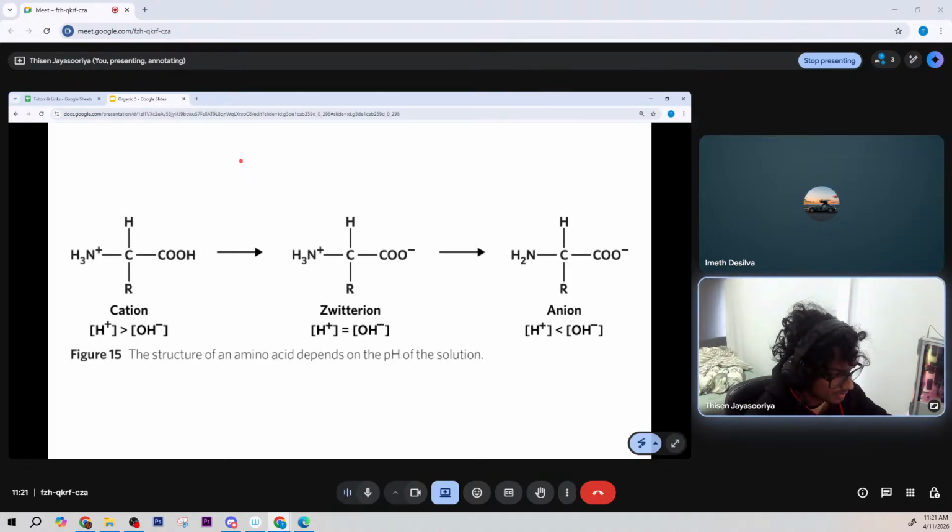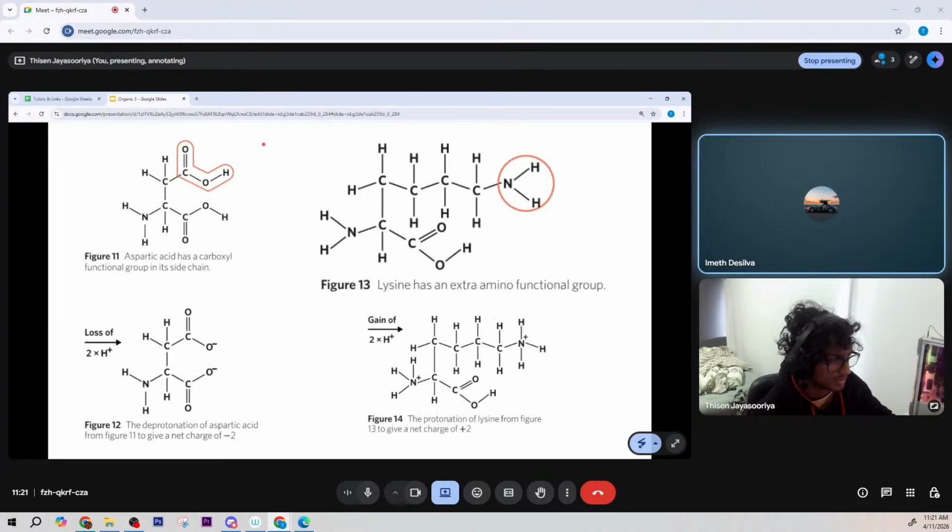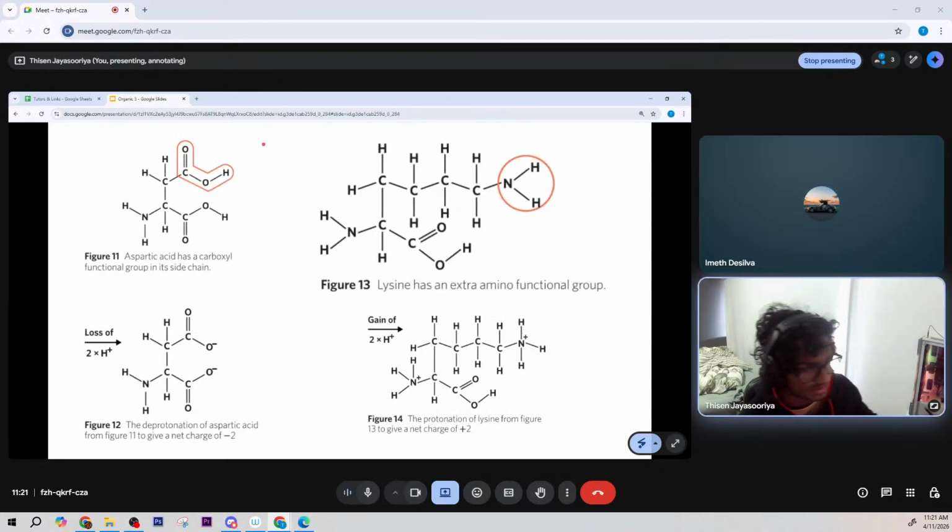So that's where the amino acid structure will depend on the pH of the actual solution. And specific amino acids won't be able to form Zwitter ions, but they will form cations and anions, which will affect the overall structure.